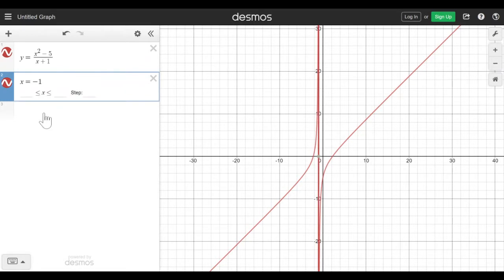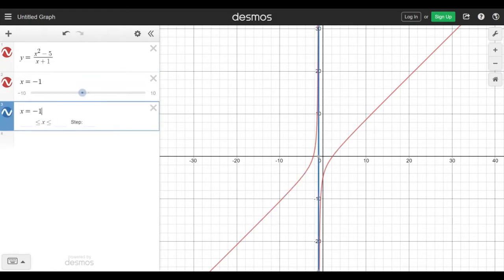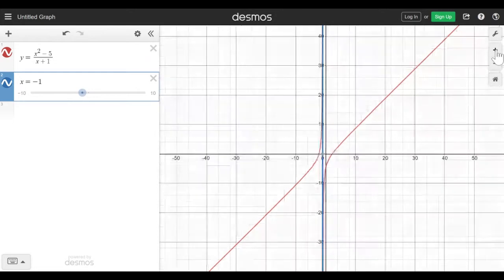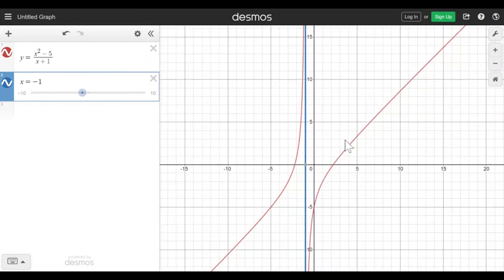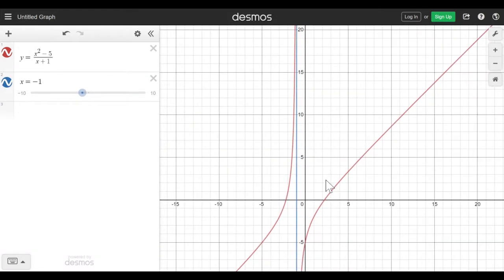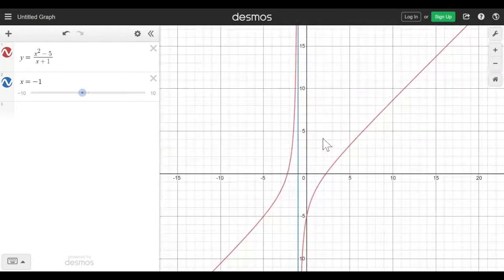We'll try a different color so you can see it clearly. x is equal to negative 1. So it's a blue line that's passing through the broken part there. As you can see, that is exactly the location of the vertical asymptote. You can see in the top, the red curve is approaching the blue line, which is our asymptote. And at the bottom it's the same thing. The curve is approaching the blue line. So that's exactly our asymptote there.